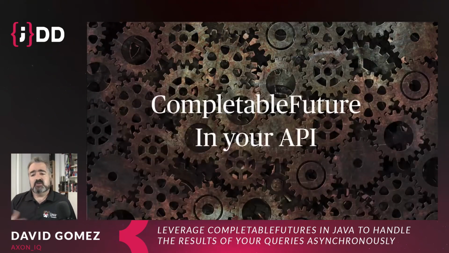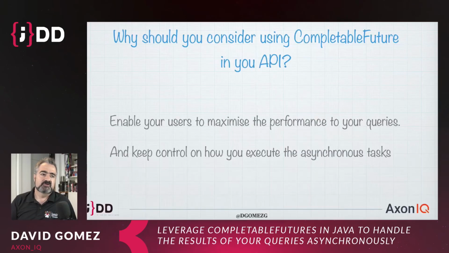So this is how we use CompletableFutures, but what I wanted to point out in this talk is, if you are writing a library, why you should be considering using CompletableFutures as a return type from your methods. For example, this is one of the things that allows your platform or your library to be more performant.